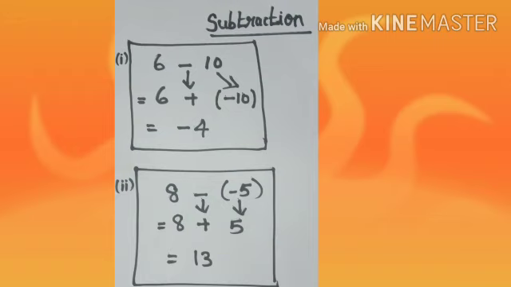We can write 8 as it is. Then after 8 a negative sign is there. Take the additive inverse of negative, which is positive. To compensate for the opposite of subtraction, take the additive inverse of minus 5. Therefore the additive inverse of minus 5 is plus 5. Then 8 plus 5. 8 plus 5 is equal to 13.